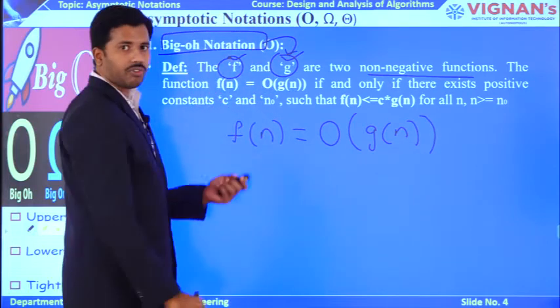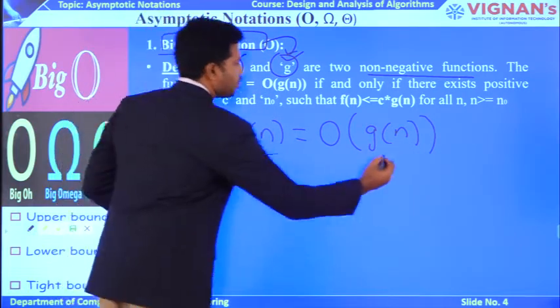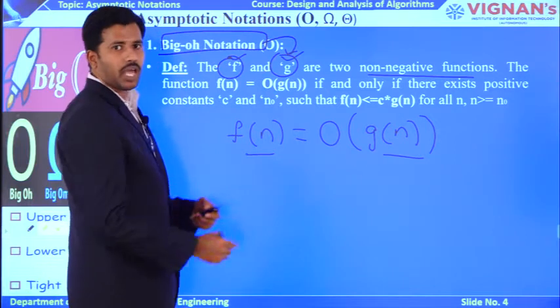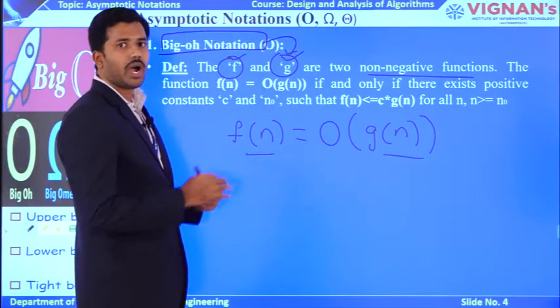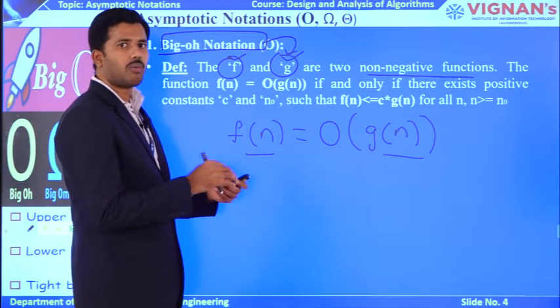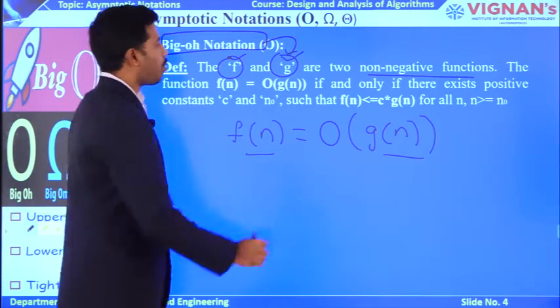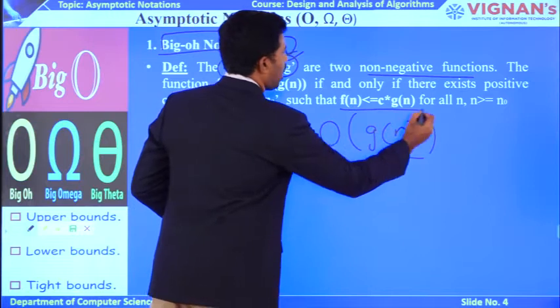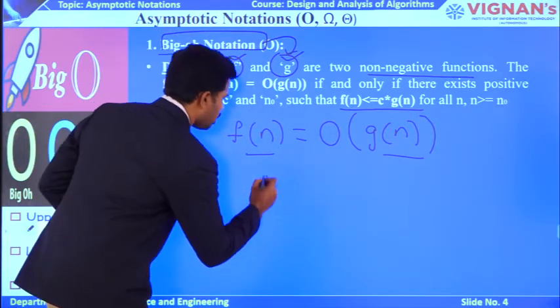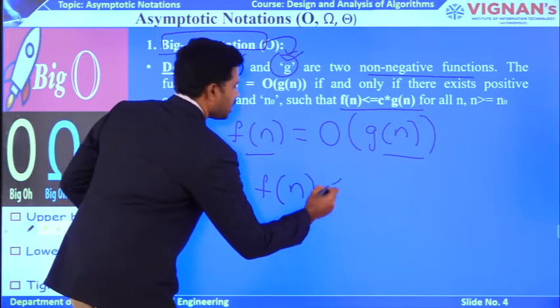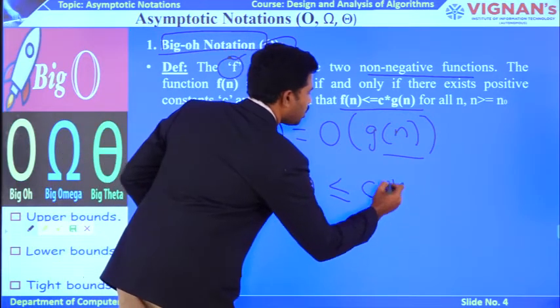Now I am going to apply my big O notation among these 2 functions to identify the relationship among them. After applying the big O notation among f of n and g of n, the relation is going to be f of n less than or equal to c into g of n.